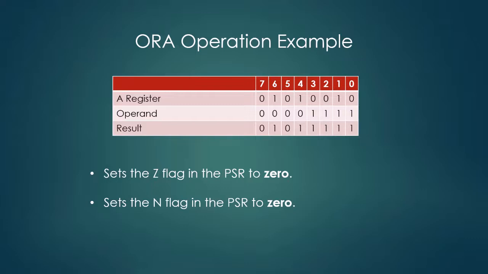Here is an ORA example. This row in the table shows what's in the A register. This row shows the operand. Could be in memory or it could be immediate. But as you can see, if either bit is 1, the result is 1.